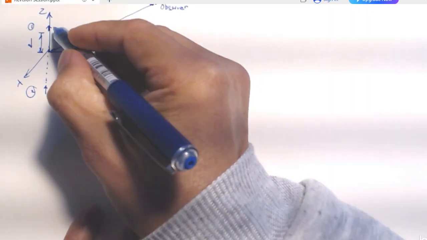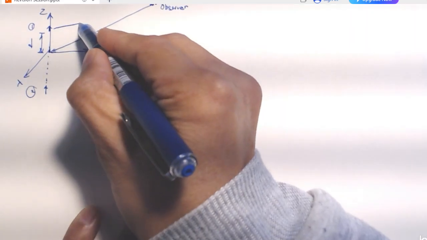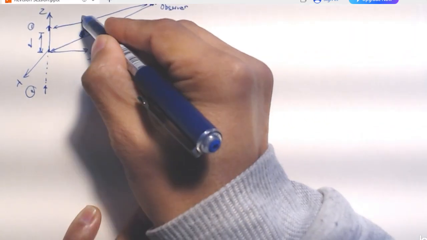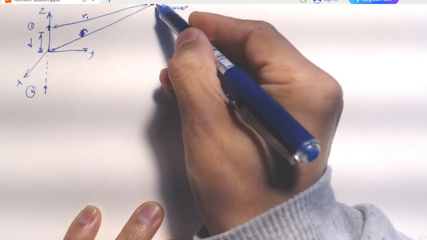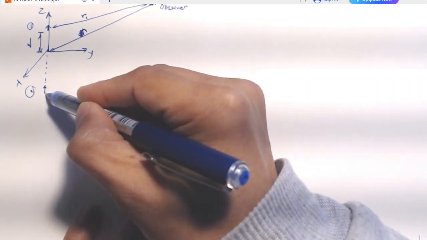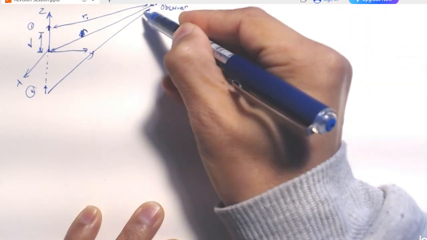And the distance between the physical antenna and the observer is R1. The distance between the image antenna and the observer is R2.